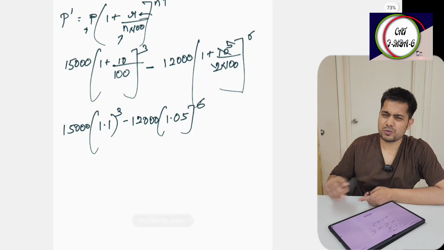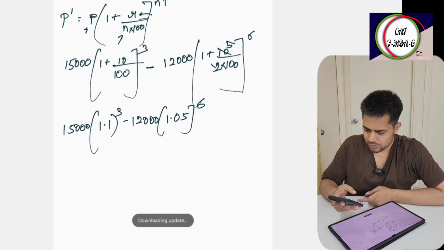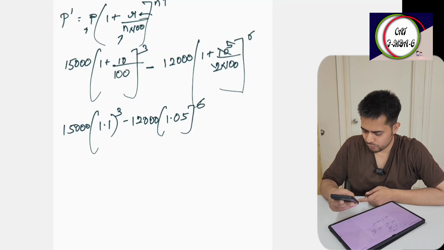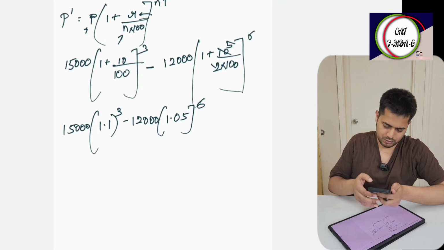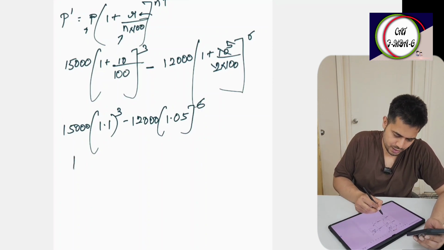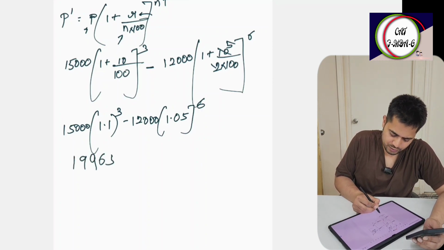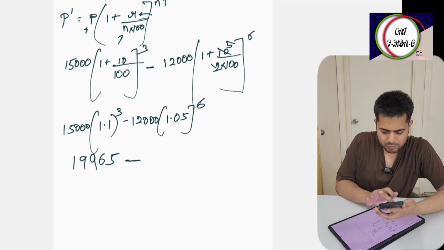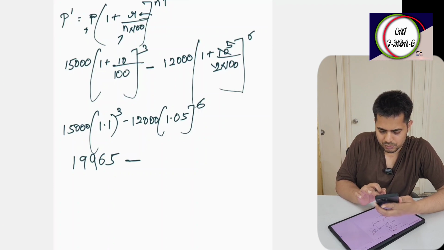Okay, you can use the calculator for it. So 1.1 into 1.1 into 1.1 into 15,000 is going to be 19965, minus 1.05 multiplied 6 times into 12,000.